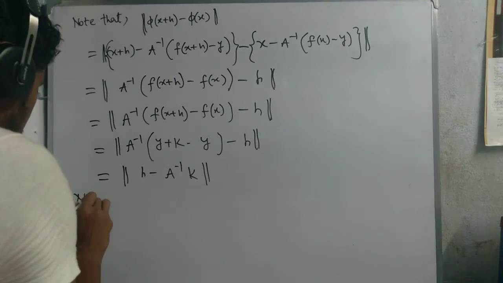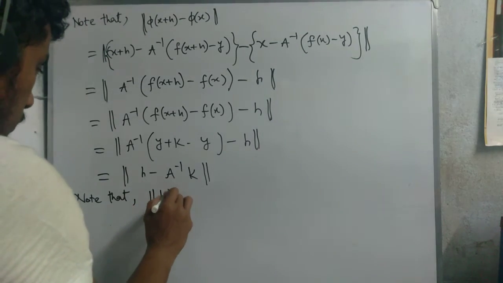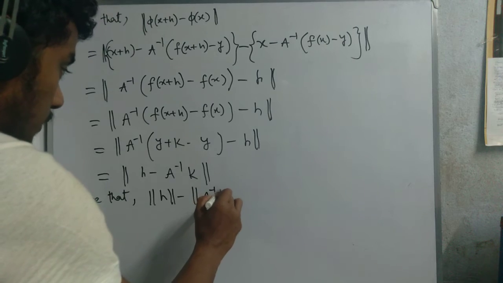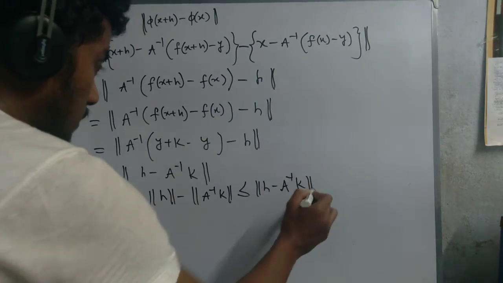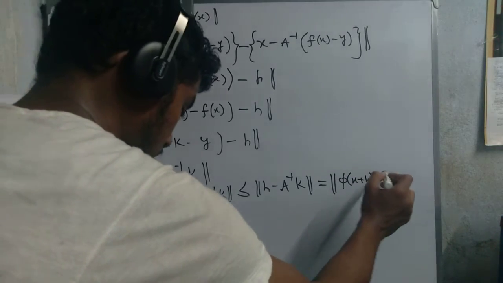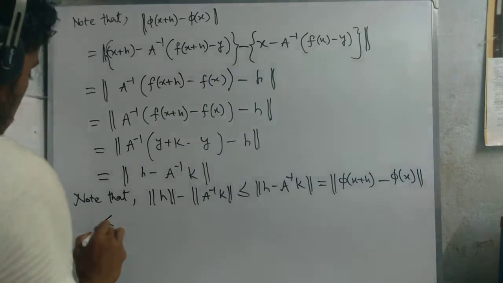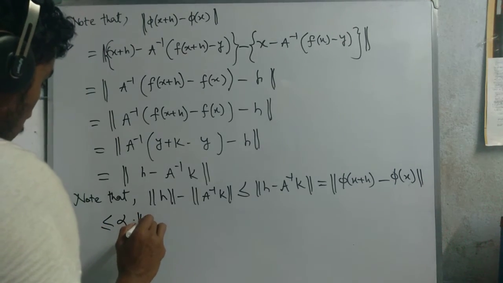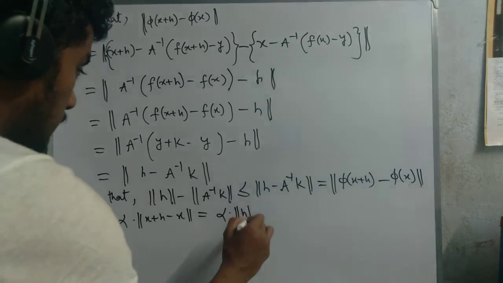Now note that the norm of h minus the norm of A⁻¹k is less than or equal to the norm of h − A⁻¹k. This is equal to the norm of φ(x+h) − φ(x), which is less than or equal to α times the norm of (x+h) − x, equal to α times the norm of h.